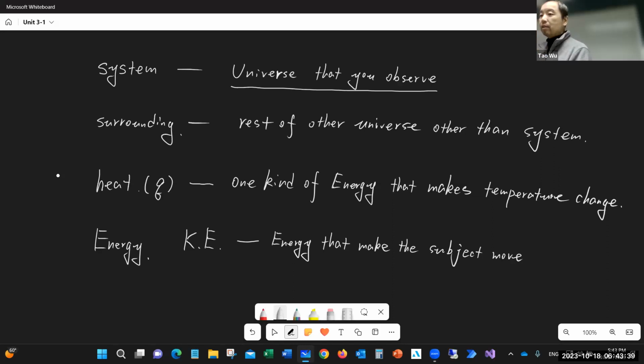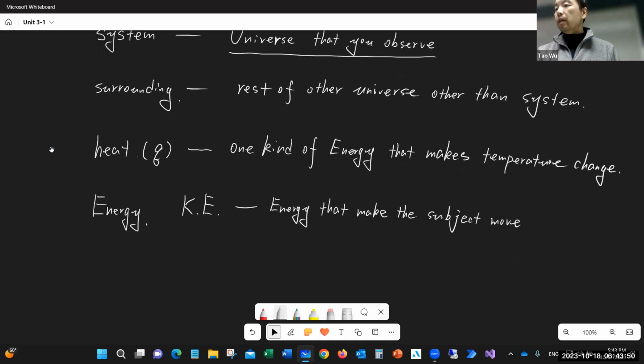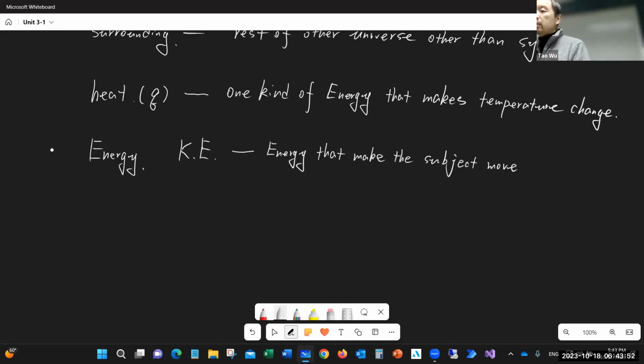So this is the kinetic energy. It really depends on how much energy can move those molecules. Another energy we talk about is the potential energy.